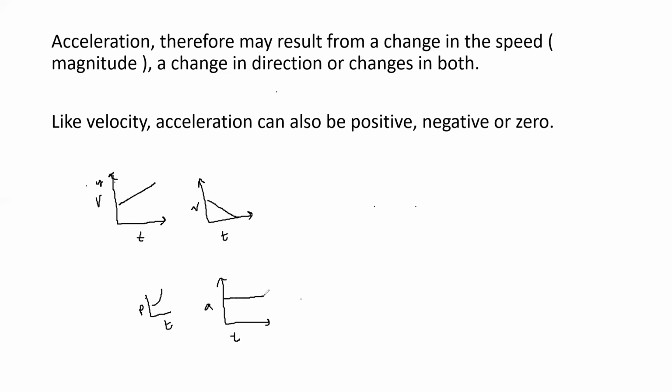Okay. So for uniform negative acceleration, this is the velocity time graph. For this one, the position time graph, the nature of the graph is something like this. This is the position time graph for negative acceleration. Then next, the acceleration time graph for negative acceleration will come somewhere here.